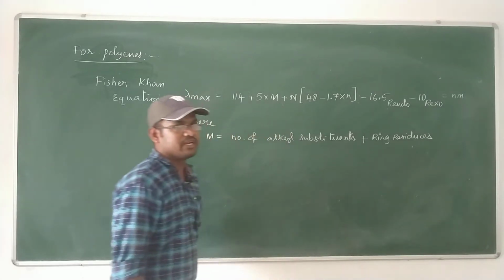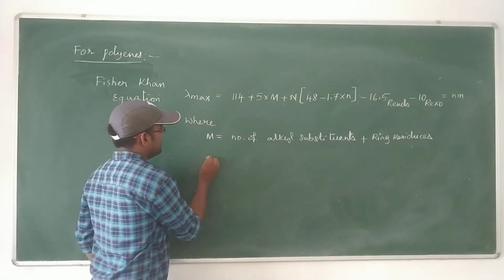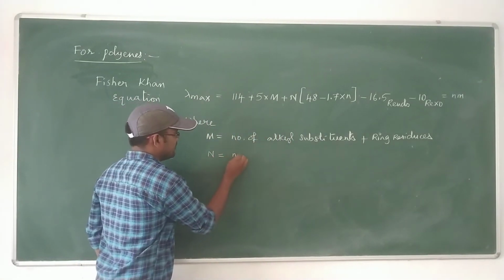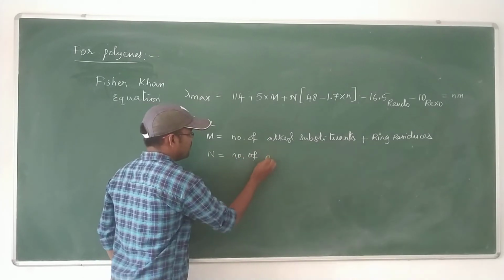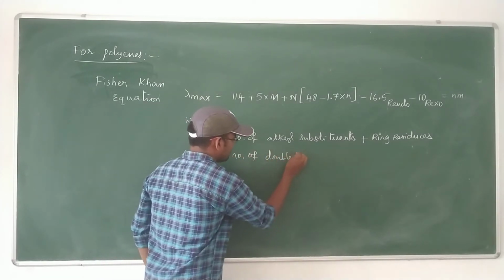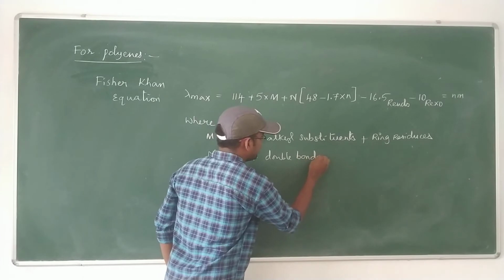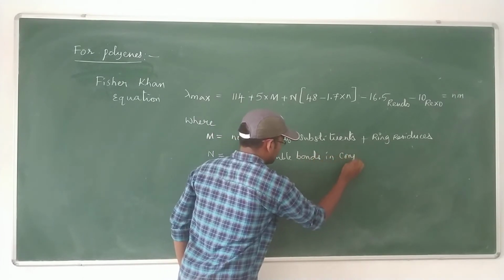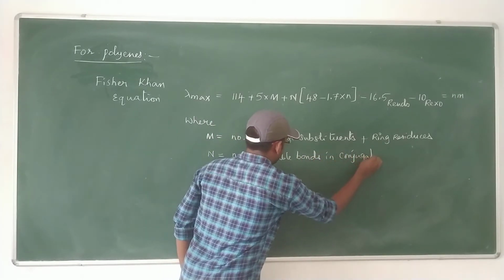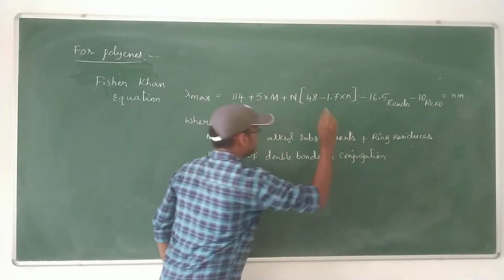N is equal to the number of double bonds in conjugation. We have to take conjugated double bonds only.